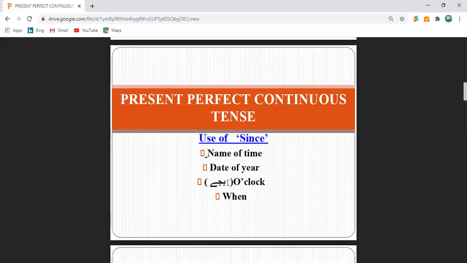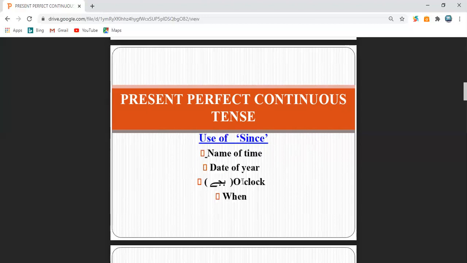Okay, and when there is a question word when present in the sentence, kab se, or when, then you have to put since with when. Since when he has been working, since when he has been running. Okay, so when this question word when comes in the sentence, then you use since.